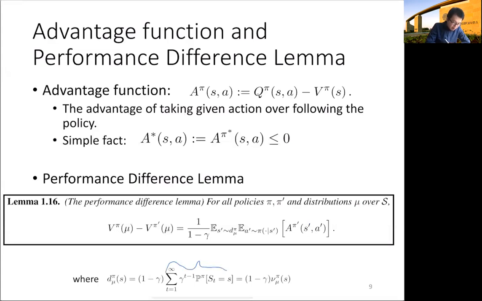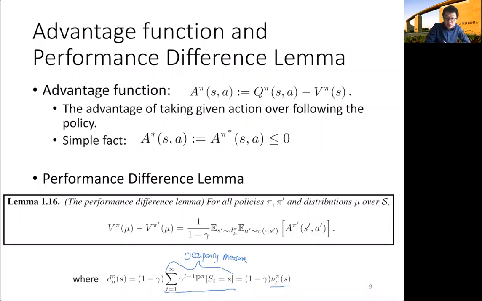Recall this part of this expression for d pi over mu. This is an occupancy measure. This is the state occupancy measure, which we denoted as this function under pi, right? This is a measure.